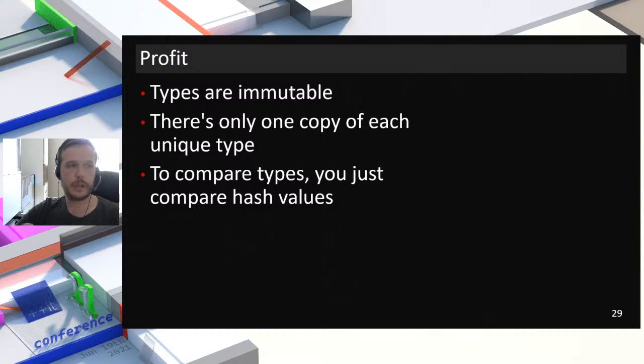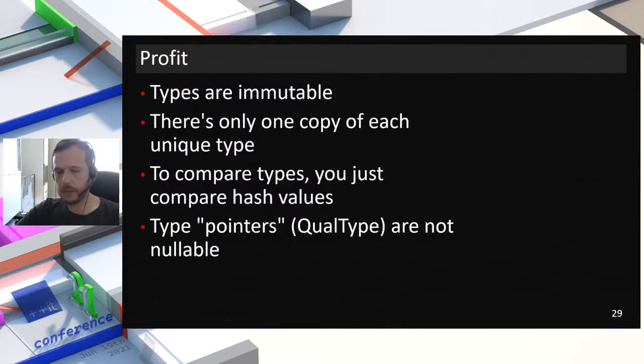Types are hashed. The factory hashes whatever you give it as parameters, and it associates this unique hash with the type it's going to create. So to compare types, you can simply compare their hash values, which is really fast. Qual types are kind of pointers. They are not nullable, so there's no way to go wrong using them. You can dereference them left and right. You don't have to check them for anything.